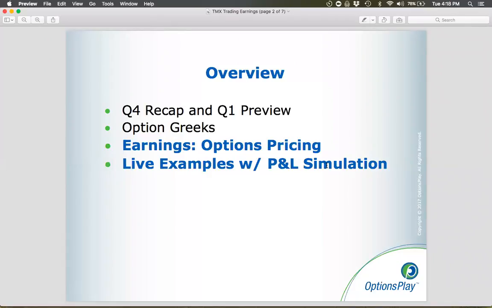And then lastly, we're going to spend most of our time going through some live examples to show you how to use Options Play with the P&L simulation that we provide, so that you can quickly identify the right setups to trade when you're trading options. Regardless of whether you're trading earnings or just starting out and trading calls and puts, you can use our P&L simulator that will give you quick snapshot data so that you can identify which strategy is best suited for you.